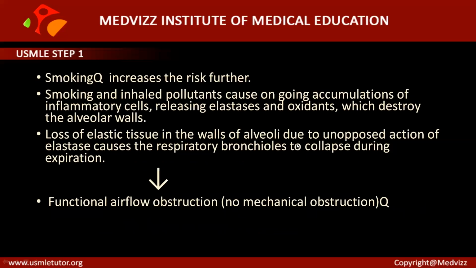So that's what you need to know, because not only smoking, but inhaled pollutants as well can cause ongoing accumulation of inflammatory cells. Whenever continuous irritants are flowing into your lungs along with smoking and other pollutants, there is no rest for the neutrophils and macrophages, because there is a continuous inflammatory process.